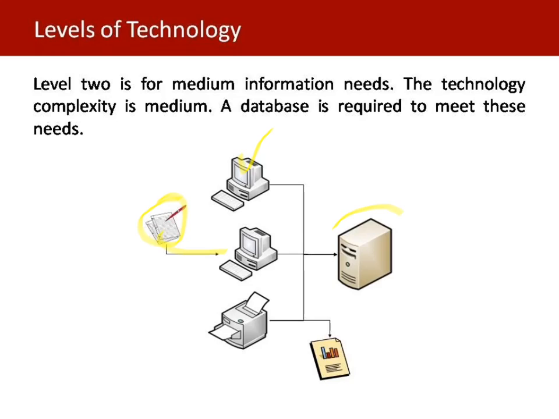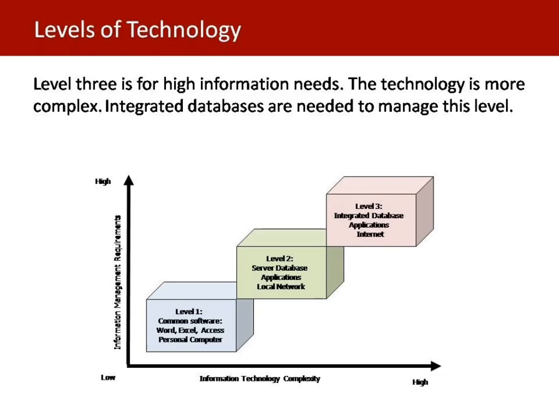But all of that needs to be centered in a database so that it's available for everybody within that network, and people can produce the report through that network. The idea of a database is that it collects and integrates all the information for everybody who is in that network. Let's see level 3.